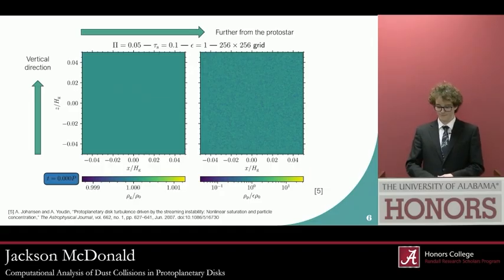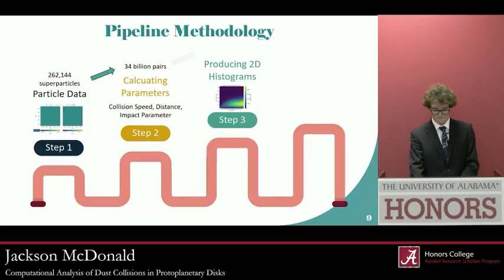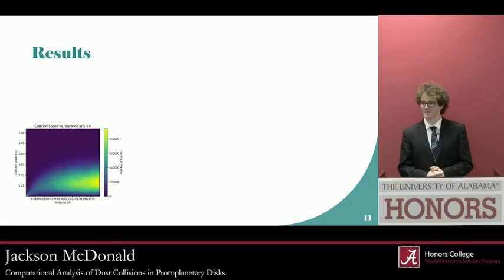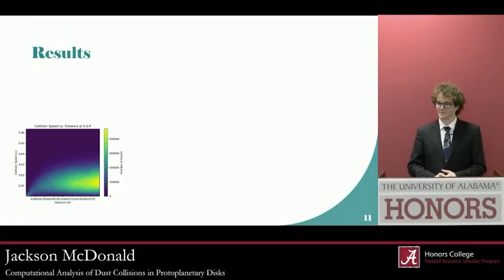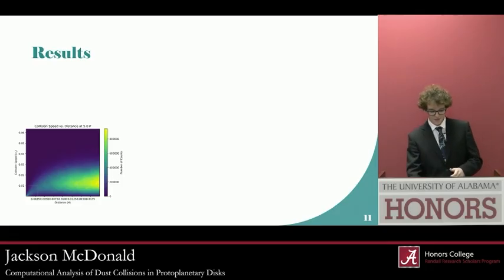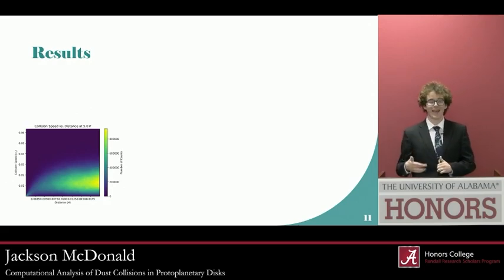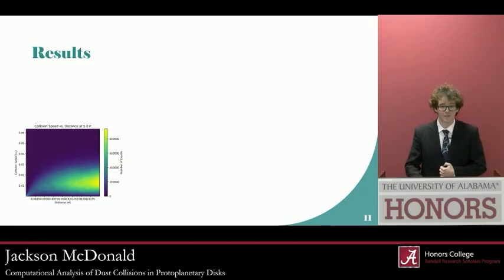On the zoomed out collision speed versus distance graph, the highest concentration of particle pairs was at relatively high collision speeds and distances. What's the reason for that concentration, and what implication does it have on your conclusions? Astute observation. As you can see on this zoomed out, larger graph, the highest concentrations of particles are not actually in that lower left-hand corner, but at much higher distances and much higher collision speeds.